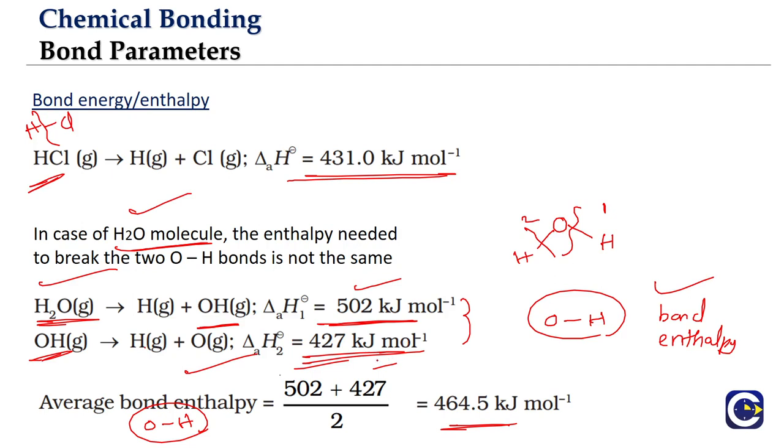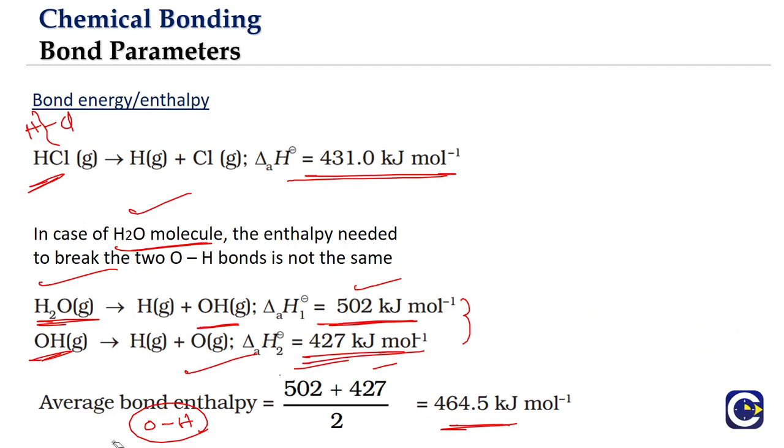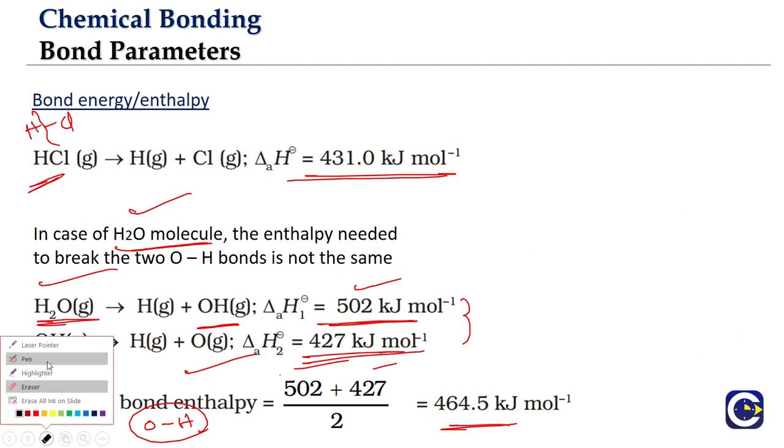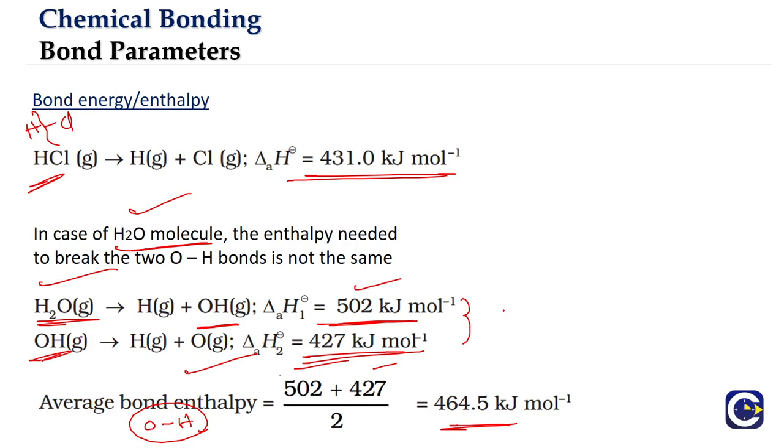All these bond enthalpies, how do we get them? We get these values from experimental studies, or we have some alternative approaches that we will learn about when we go to thermodynamics.